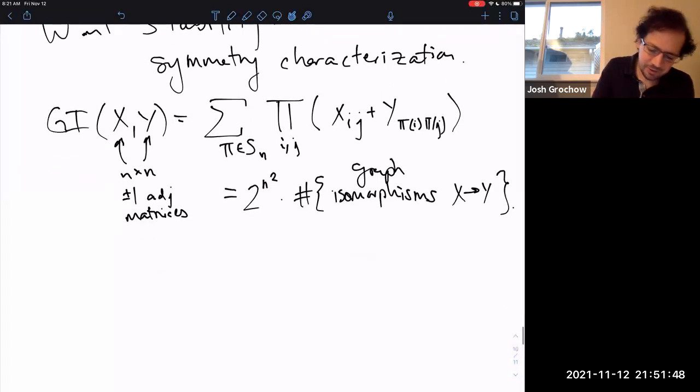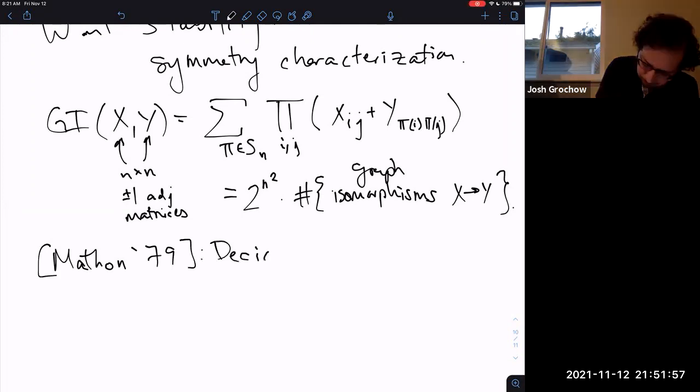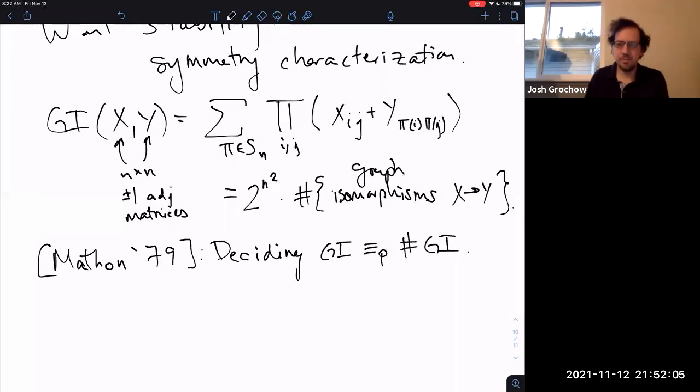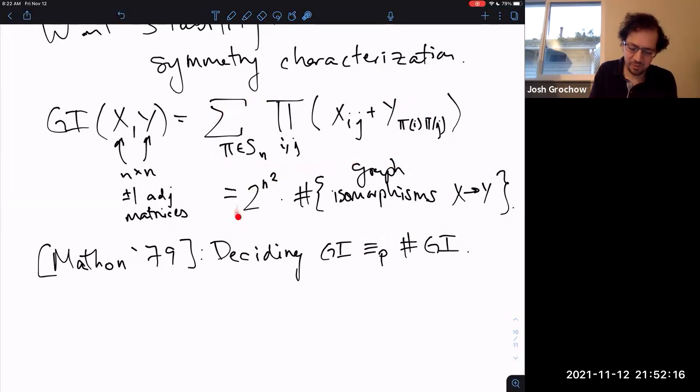And the interesting thing about graph isomorphism, there's a theorem that goes back to Mathon '79, which is that deciding graph isomorphism is actually polytime equivalent to counting the number of graph isomorphisms. So unlike the case of permanent, where counting seems to be much, much harder than deciding, for graph isomorphism, counting and deciding are the same. So the algebraic complexity of this polynomial is essentially an approach to the algebraic complexity of graph isomorphism.